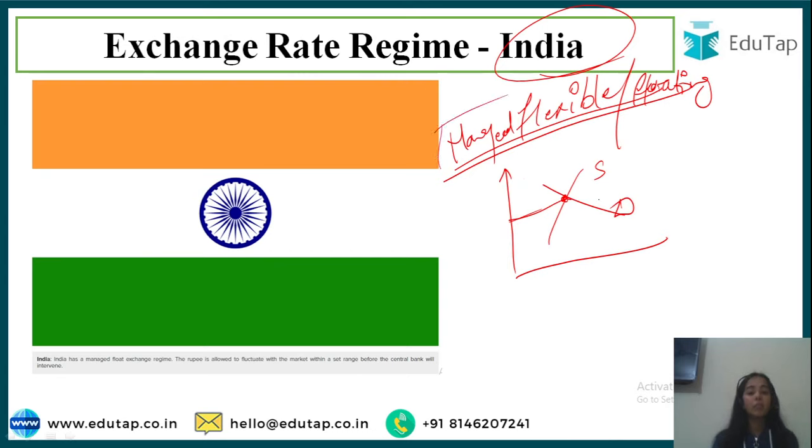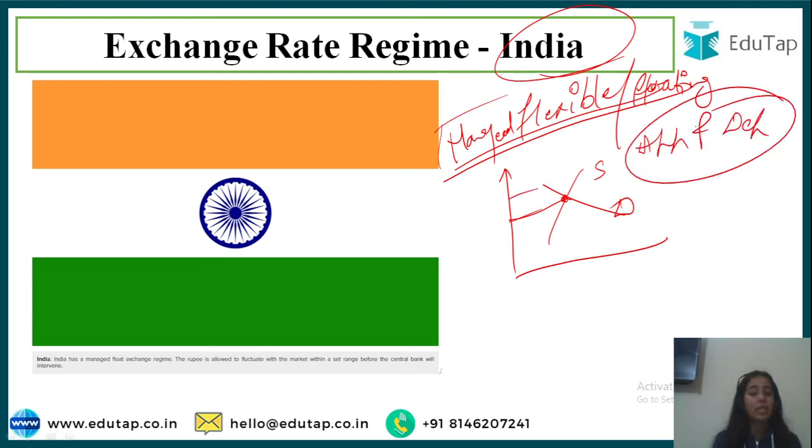The market is determining, and appreciation and depreciation can happen to the currency. Right now you must have heard in the news that depreciation of our currency is happening continuously. So depreciation is allowed, appreciation is allowed. So how is it managed? Because it seems similar to flexible or floating, that we are letting it appreciate or depreciate, and it is market determined.